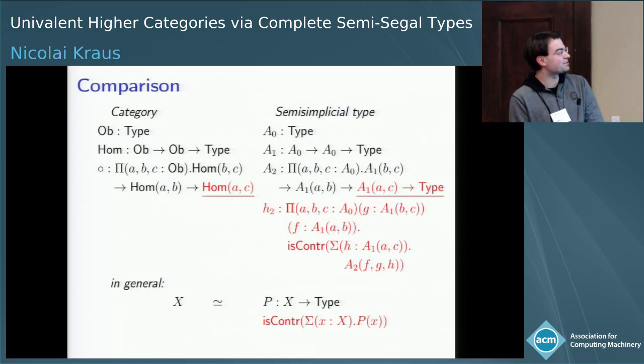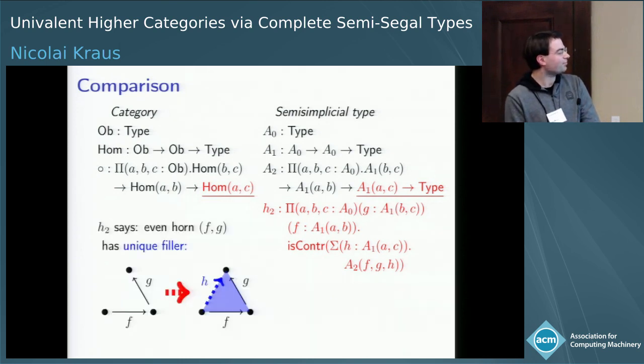So for all G and F, we have exactly one H as an edge from A to C, so that this triangle FGH has a filler. And if we draw this situation, then it hopefully becomes clear what this means.